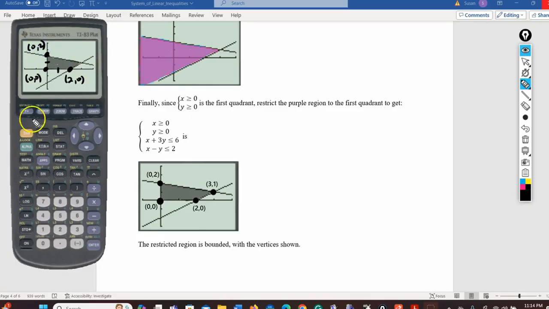So when they're on the axes, they're pretty easy to tell. But what about that one? Well, it's actually 3, 1, which you can kind of see from the graph, but again, you can ask it to calculate the intersection point for you. Okay, so I'm going to do second and trace, and I'm going to come down here to intersect.